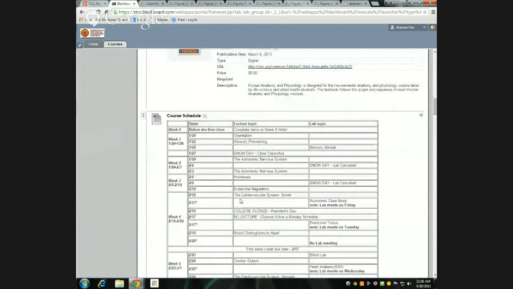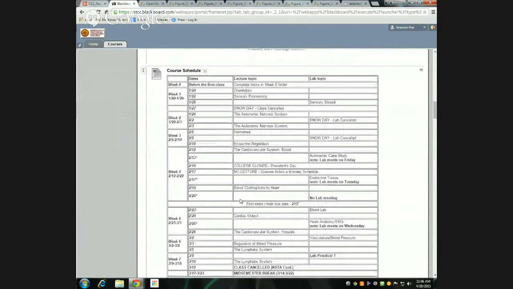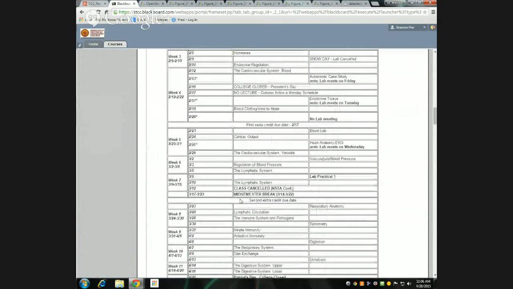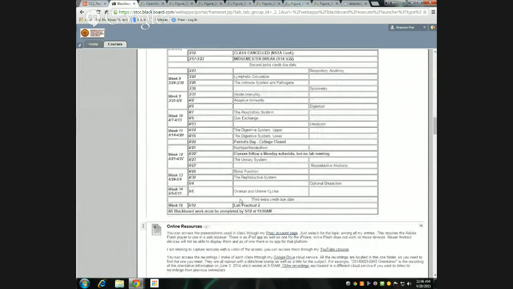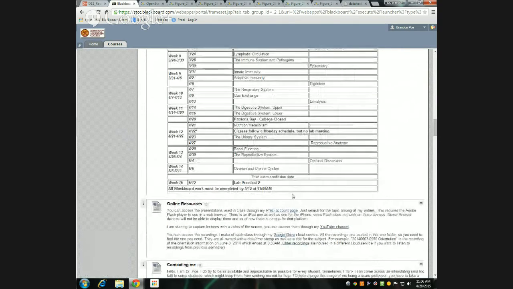So if you're in the Wednesday lab group, what I'm about to show you doesn't apply. Your lab schedule doesn't apply, but not that you can read anything on the board anyways, but down at the bottom of the schedule for both sections, it says May 12th, Lab Practical 2. That's the final exam period for this class.